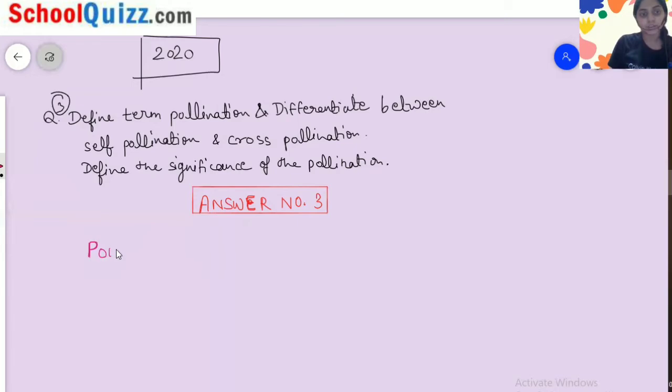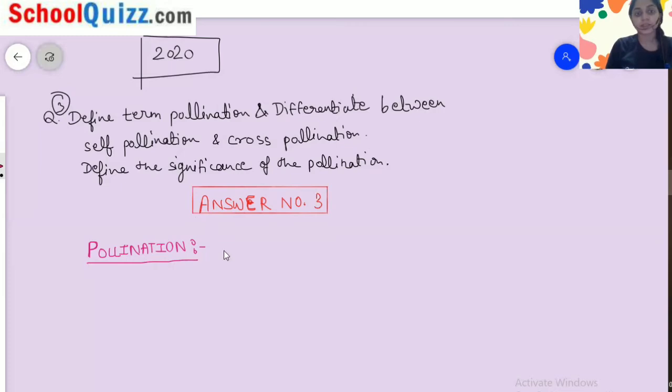Write pollination in capital letters, with the P bigger and the remaining capital letters smaller than the P. This type of writing will make an impression on your examiner.